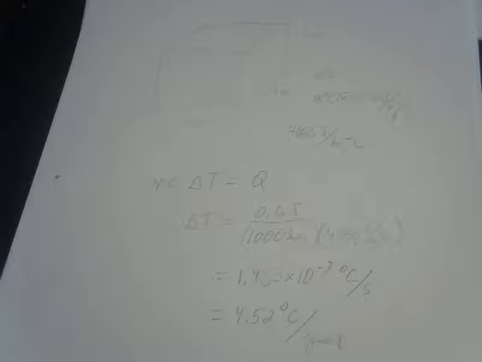The heat is mc delta T. So we get a rate of temperature change of 1.433 times 10 to the negative 7th degrees Celsius per second, which comes out to be about 4.52 degrees Celsius per year. So if you really think about that in terms of everything, instead of just the water 1 meter deep, think about the water all the way down to the bottom of the ocean, and maybe the ground.